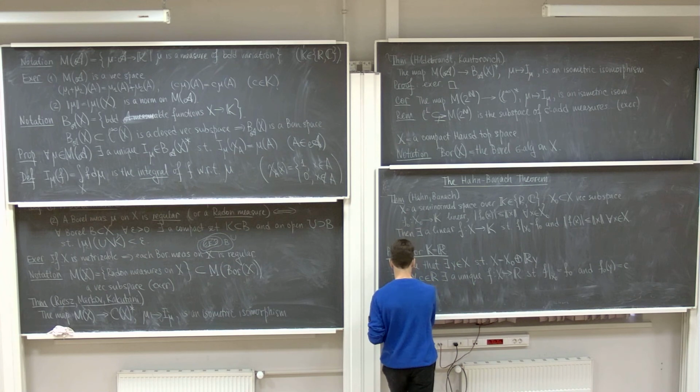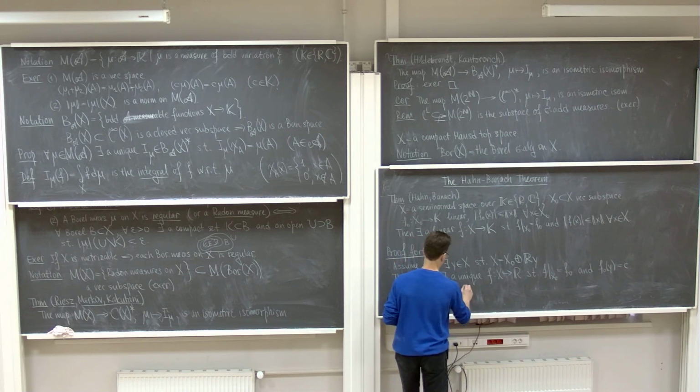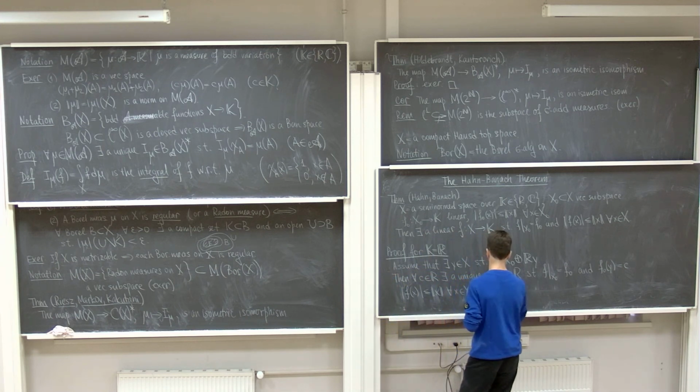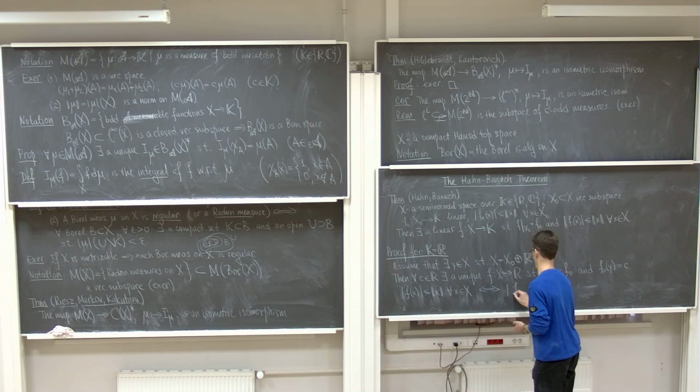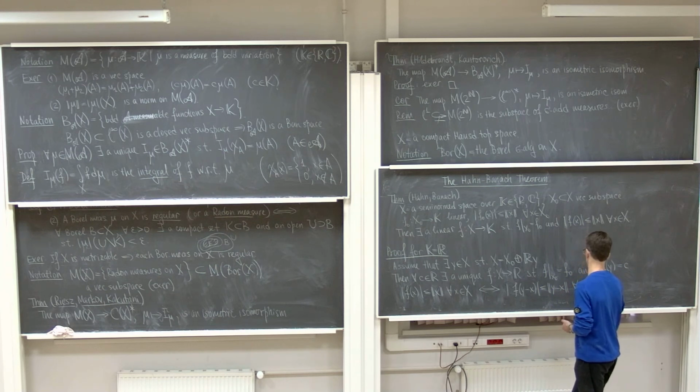Well, first of all, we observe that this estimate holds everywhere if and only if f of y minus x is less than or equal to the semi-norm of y minus x for each x in x0.